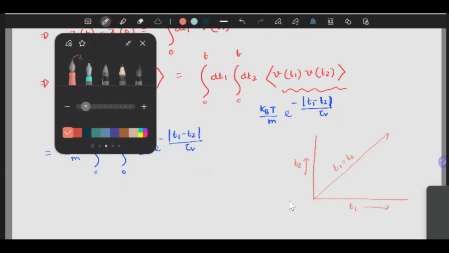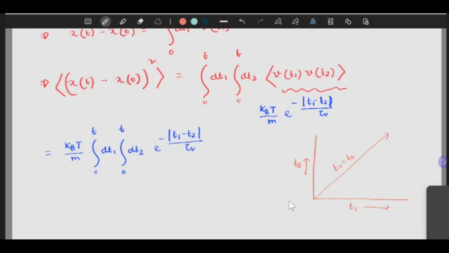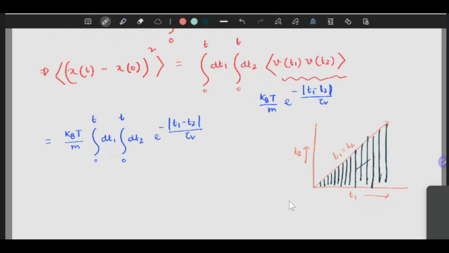Now if we evaluate this integral in this half, then this half will be same as this. So if we evaluate in this area, and if we multiply it by 2, then we will get the whole thing.